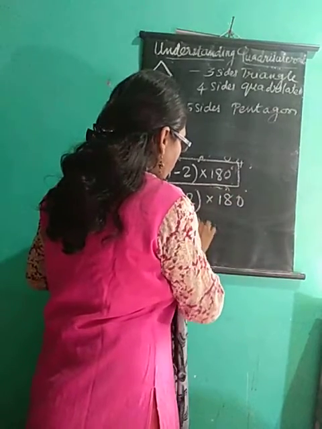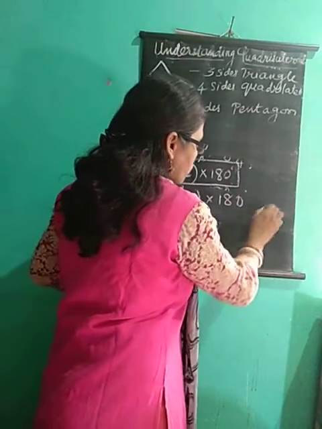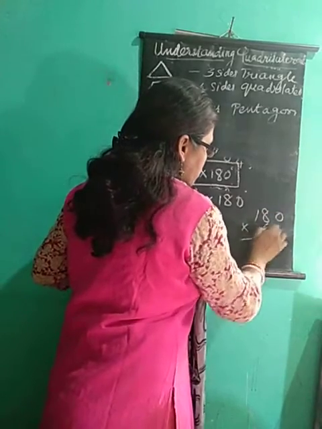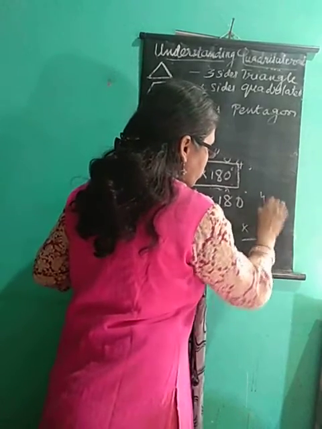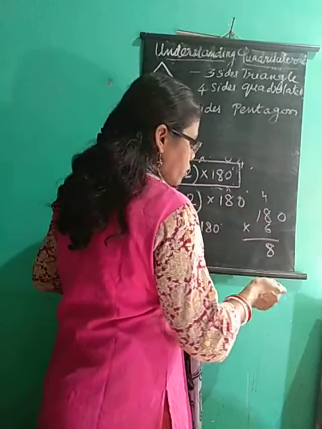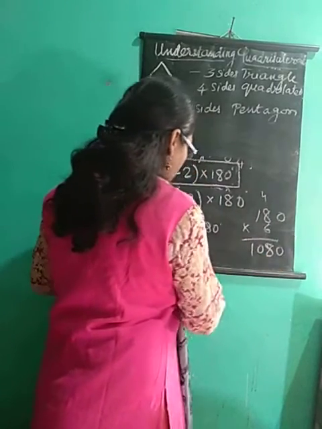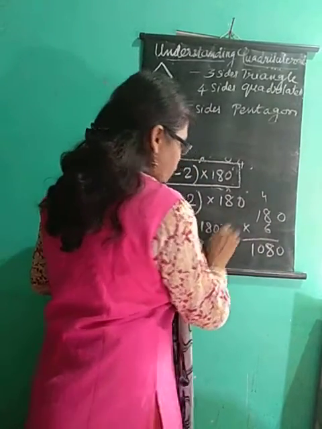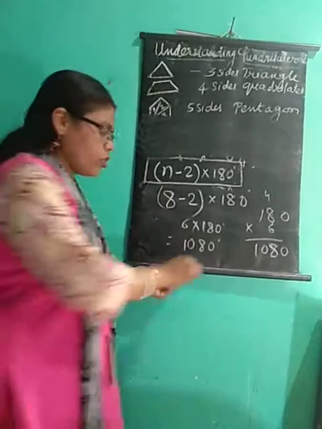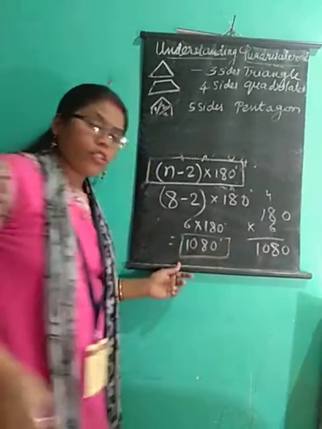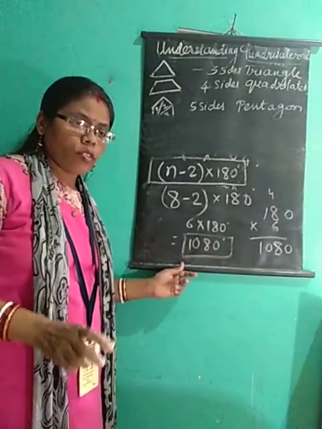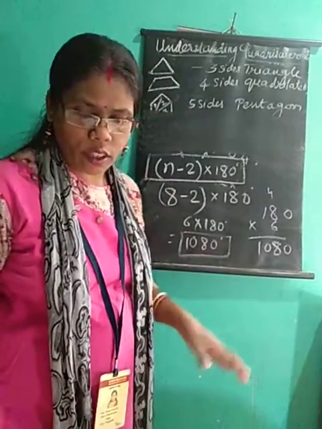So you have 6 into 180. Multiply it. 18 into 6. 6 eights are 48, carry 4. 6 ones are 6, plus 4 is 10. So your answer is 1080. Got it? So this is how you can find out the total angle measure of a figure of n sides.